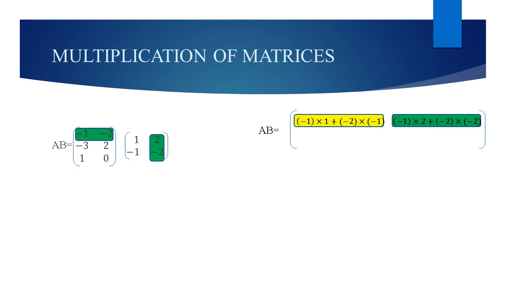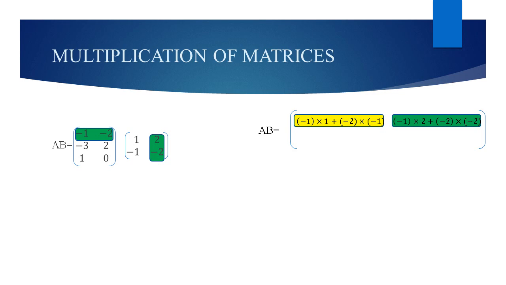Now to get the next element, which is highlighted in green, the first row is highlighted with green and the second column is highlighted with green, so we have to multiply first row second column and you will get the result in green.